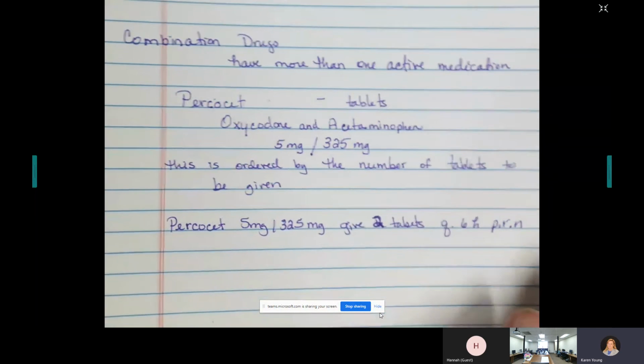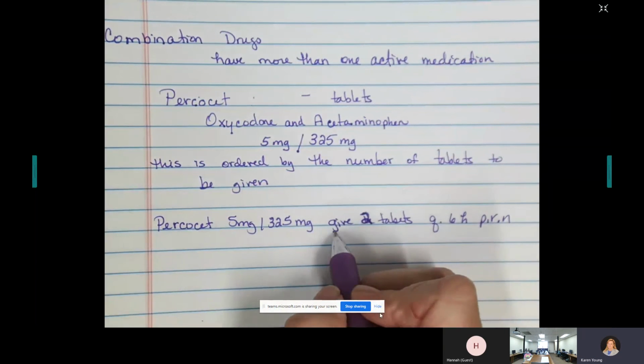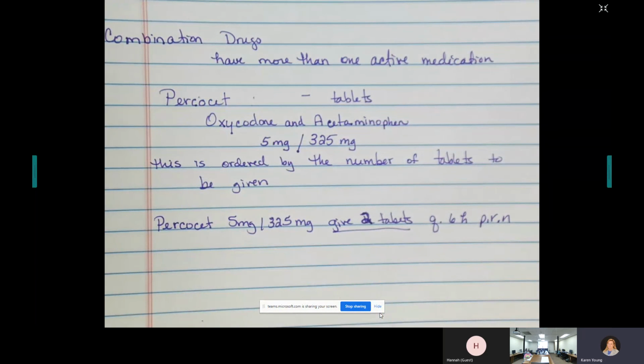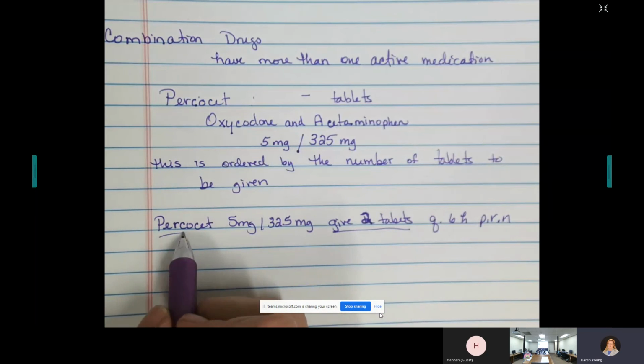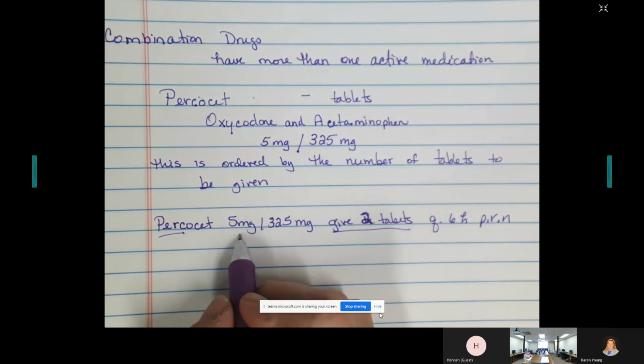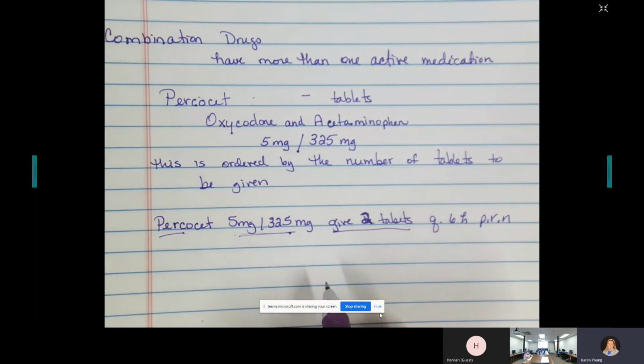I don't know exactly how they'd write it, I haven't seen that in a while. But I know it has the name, the strengths, and then give the 2 tablets, or however many tablets you need.